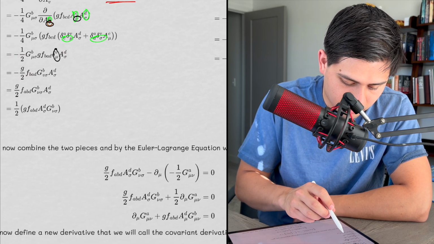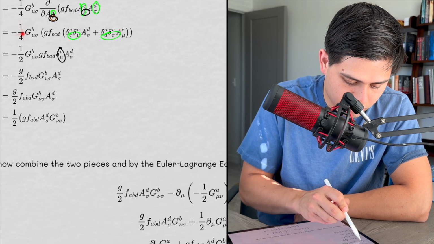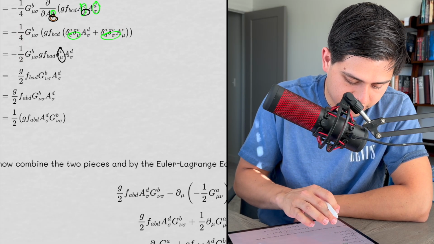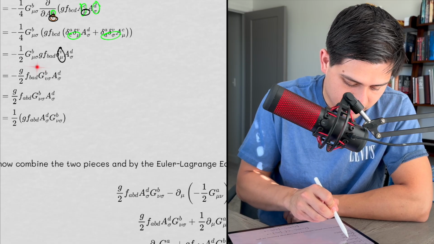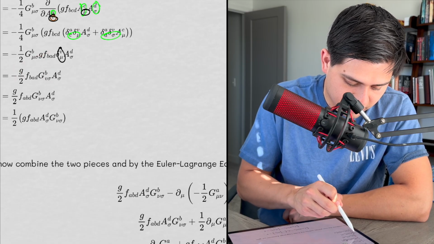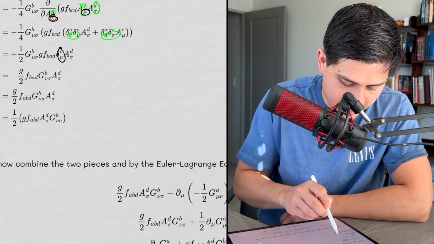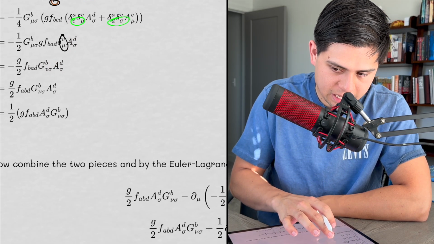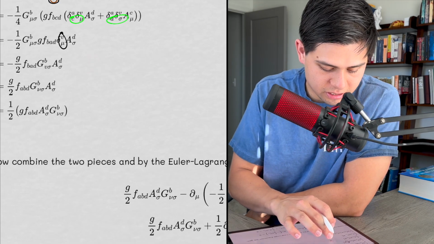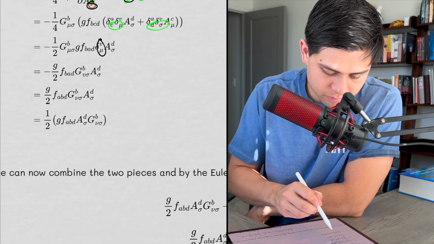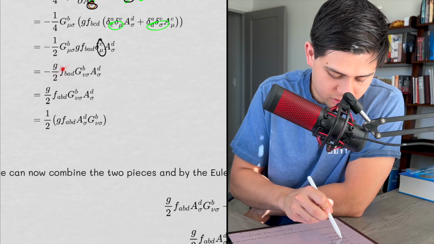And because these are the same thing, it's going to be 2 times 1/4, which gives us the 1/2. And then we get this guy right here, right? We're just putting G over here, our structure constants, and then G and A are right here. And then what we get is going to be this right here, right? Because this is going to be anti-symmetric.